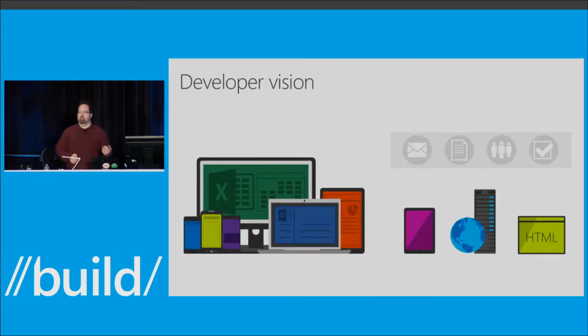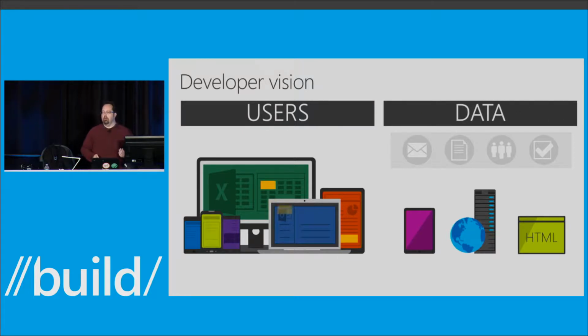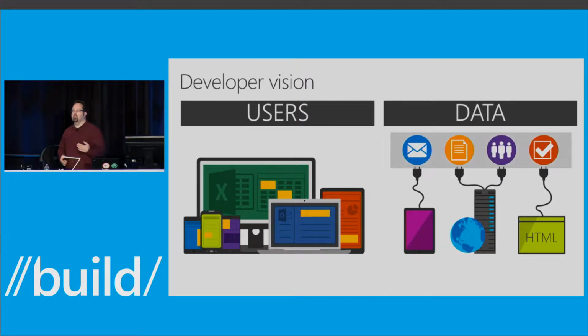So if you've seen the Office 365 vision in the keynote for developers, or at any of the other Office 365 sessions, you know we think about this as a two-pronged thing. We think about extending the user experience, and we think about accessing the underlying data, so extending the user experience to go and reach all of those hundreds of millions of users who have Office, and then integrating all of that back-end data, your own data and our data.